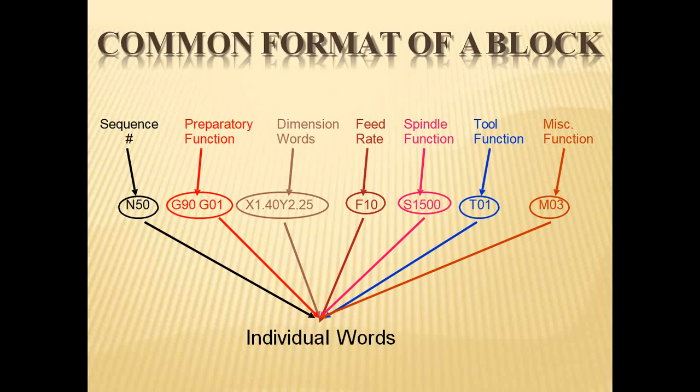If we are writing a program with 50 blocks, the last line will be called N50. Every line is indicated like N01, N02, N03. These are the starting lines of the program.